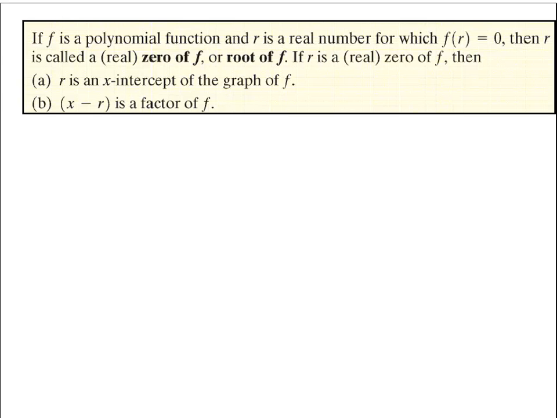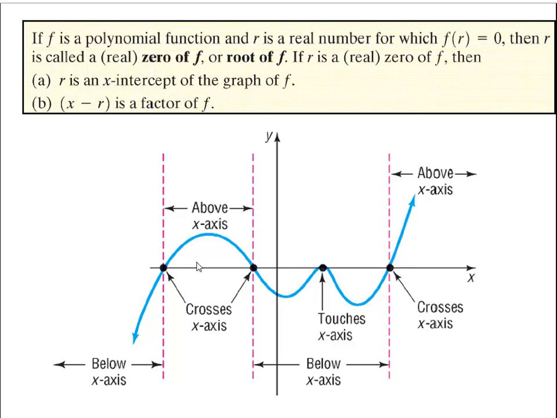Now, visually speaking, here's some things we're going to notice about polynomial graphs. When we have x-intercepts, zeros, we could have a couple different types of behavior. The graph could cross through the x-intercept, going from negative values to positive values, or from positive y values to negative y values.